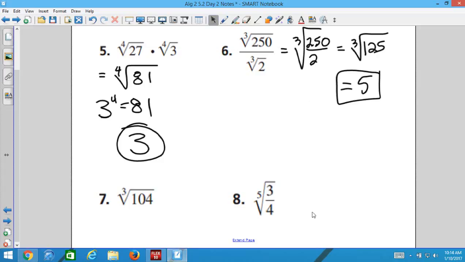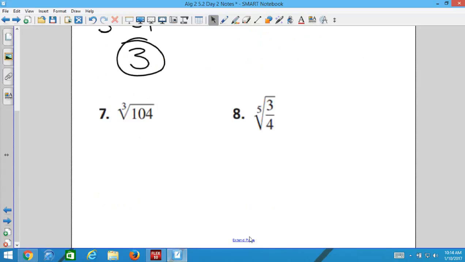Okay, so number 7. That one is just the cube root of 104. And that 104 is not in our perfect cube list. But what number on our perfect cube list divides into 104? We made that perfect cube list today.